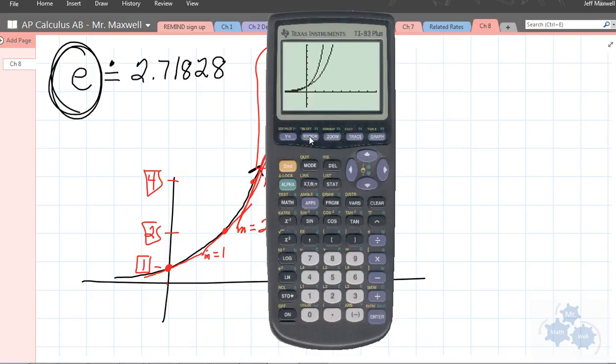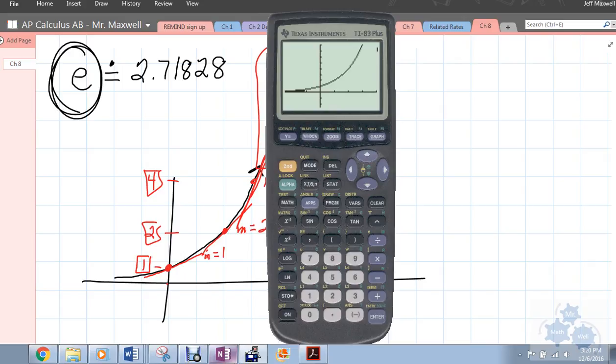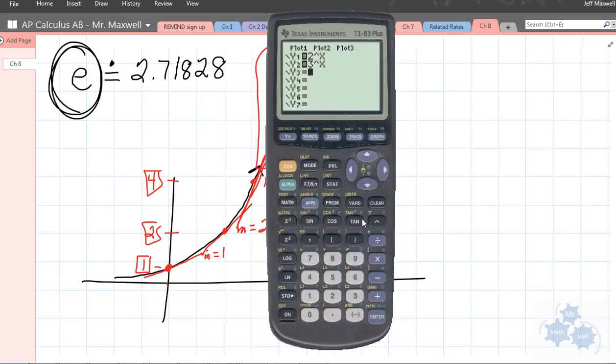Okay, I'm going to adjust this window just a bit here. Alright, on your calculator, here's the e button on my calculator. So I'm going to put in the second function, e to the power of x.